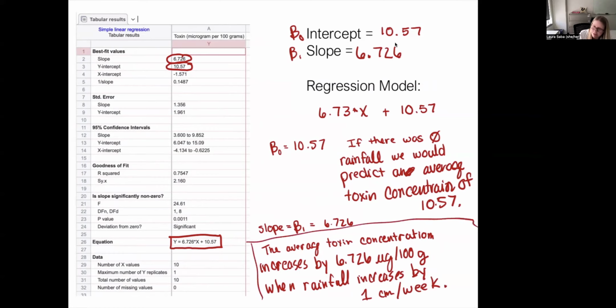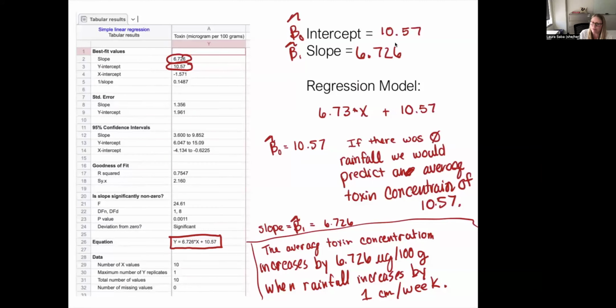That's how we would define slope. The average toxin concentration increases by, and that's our estimate for slope, give it a little hat, that's our estimate, micrograms per 100 grams when rainfall increases by 1 centimeter per week.